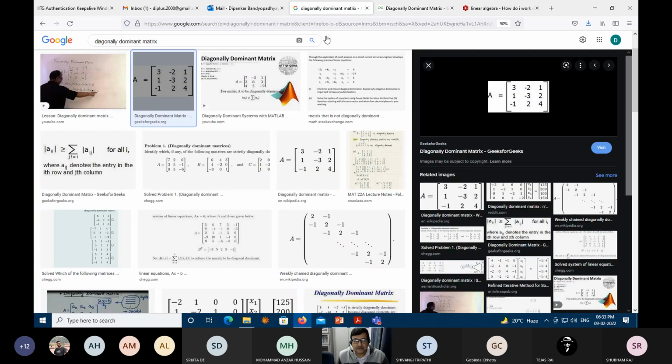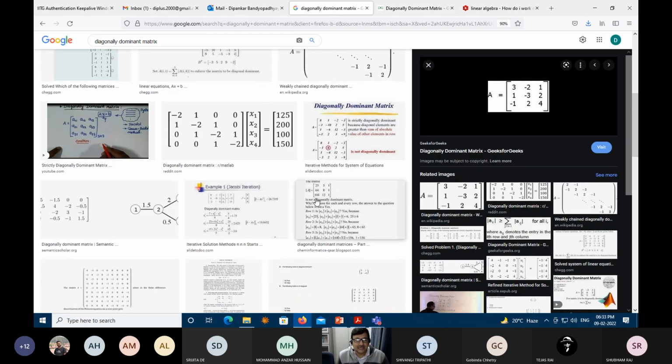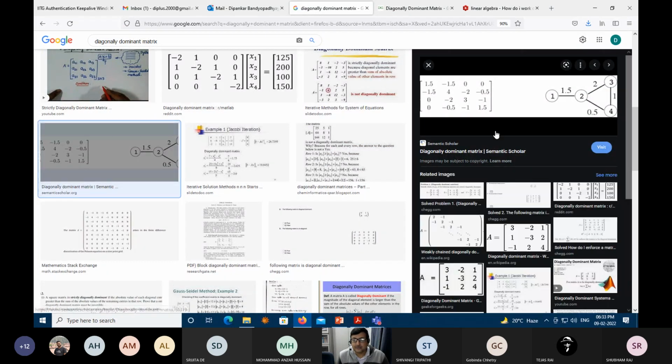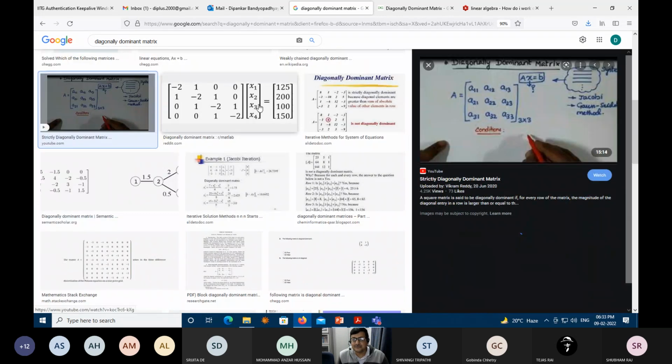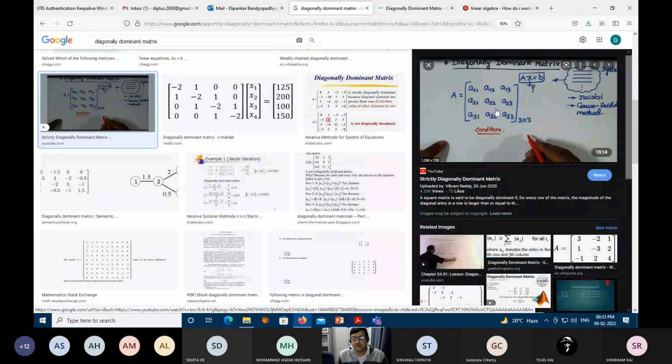But for most matrices, if you look at them suddenly, and if these are not 0, you will not be able to decide. Diagonal dominance is not decided just by looking at it. If I give you this one, you do not know whether it is diagonally dominant or not.